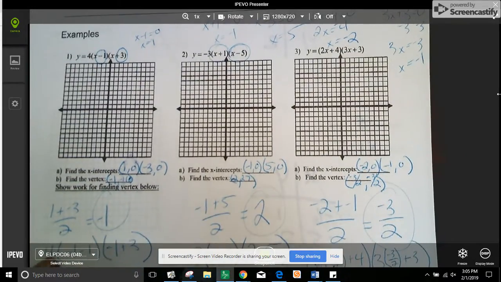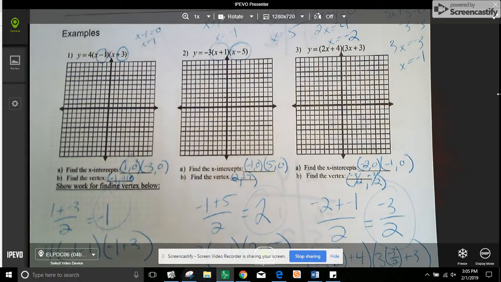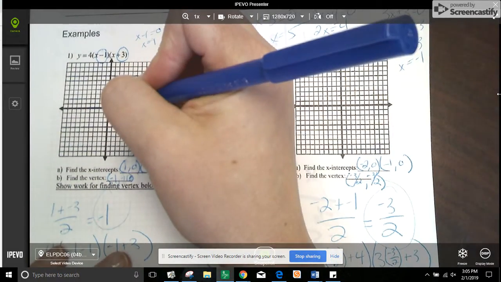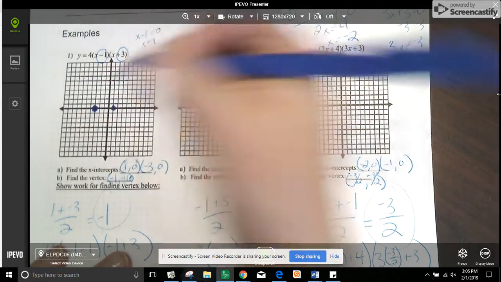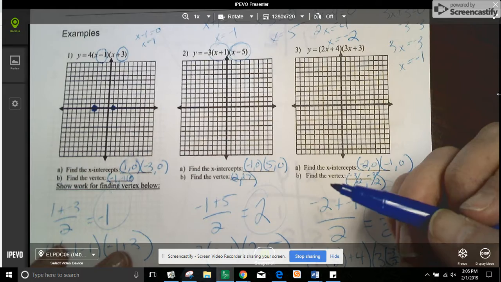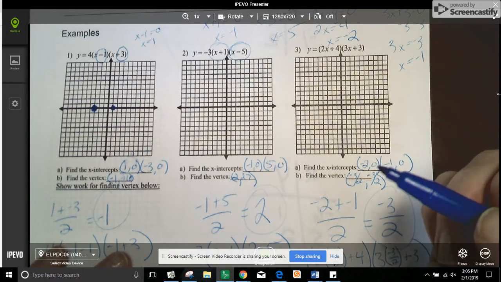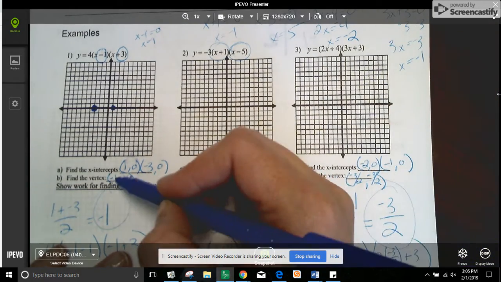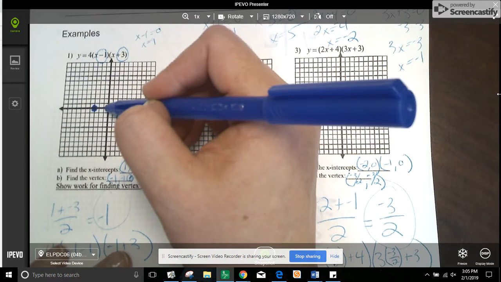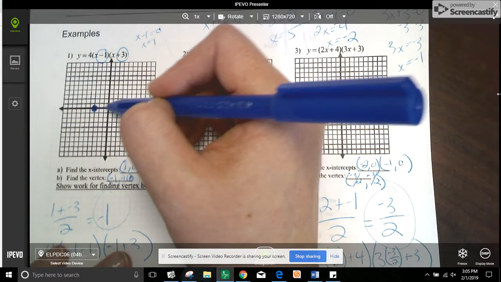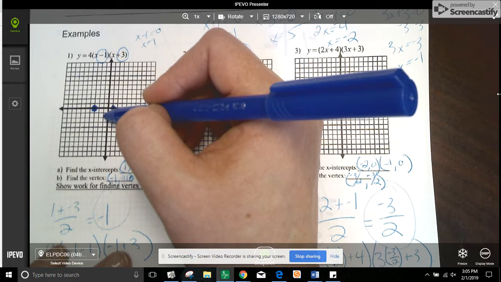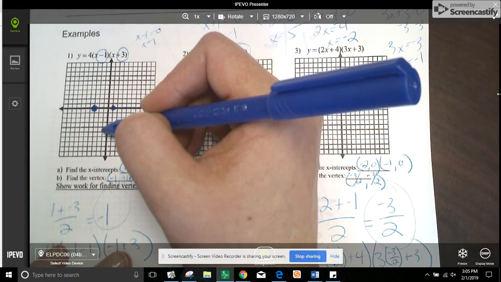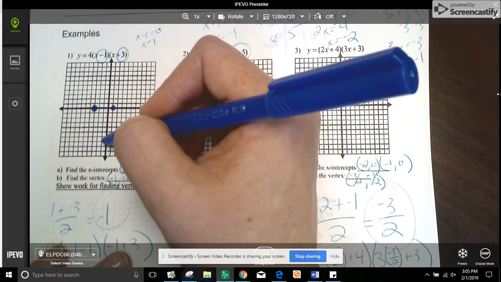And then to graph it, you just plot the 3 points and connect them. So for the first one, I would graph 1, 0, negative 3, 0. I'm going to count by 2s, I guess. I don't know why these aren't fitting. My vertex would be negative 1, negative 16. So I'm going to count by 2s. 2, 4, 6, 8, 10, 12, 14, 16.